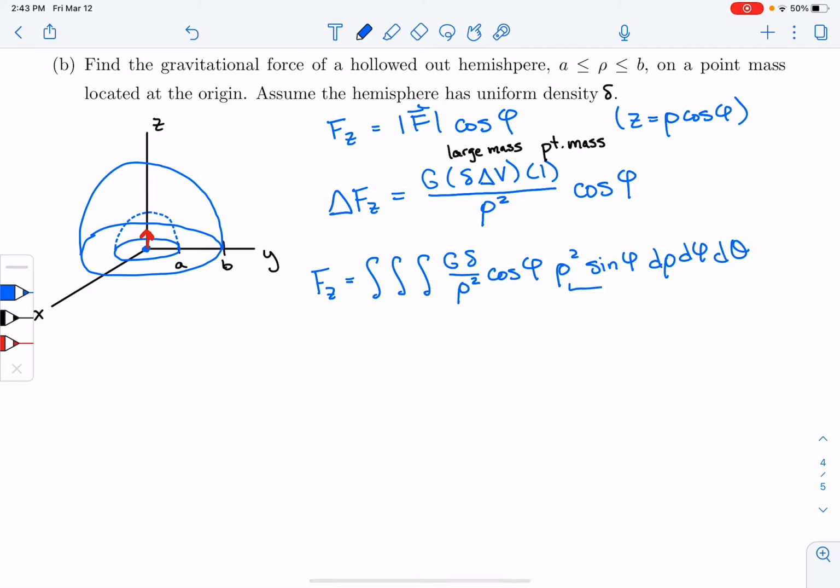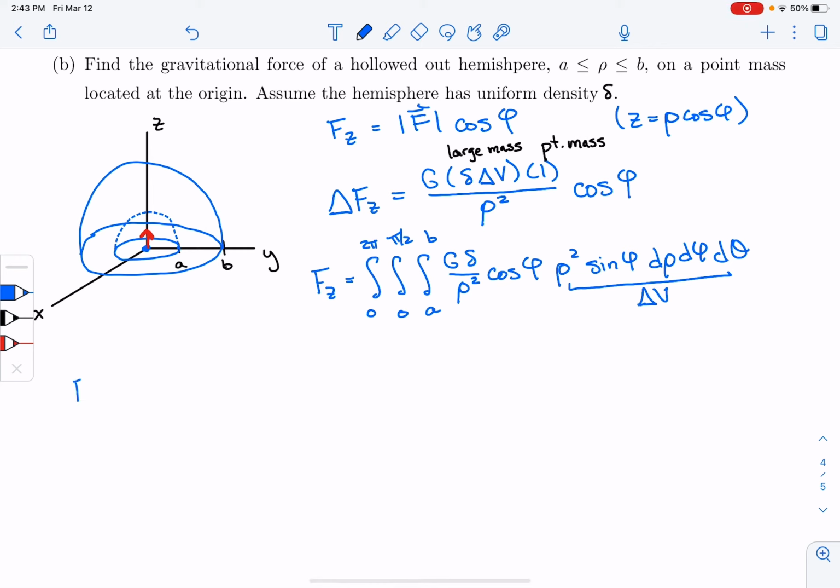So this part here is the delta V. Summing that all up, we know that rho is between A and B. This is a hemisphere, so we're only going to get the top half for phi, between 0 and pi over 2. And then we're going to get all the way around in the theta direction, from 0 to 2 pi. That's our force in the z direction.